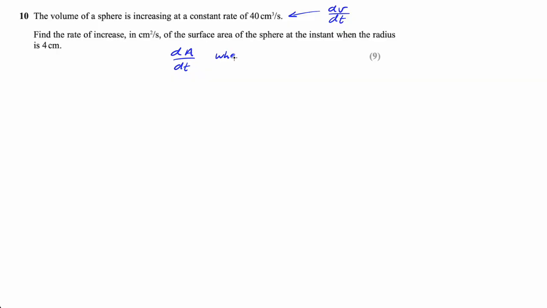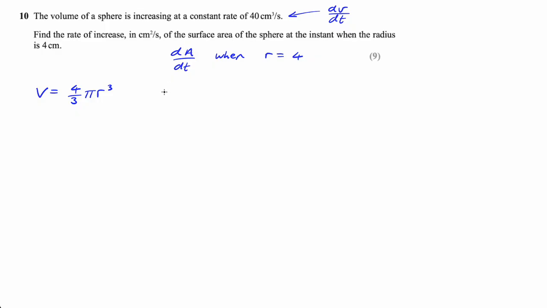When radius equals 4. Okay, now it's a sphere. A sphere has a volume of 4 over 3 pi r cubed. Now we want to get dA/dt.